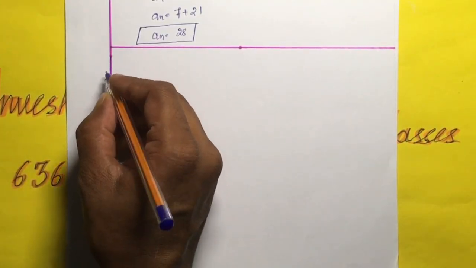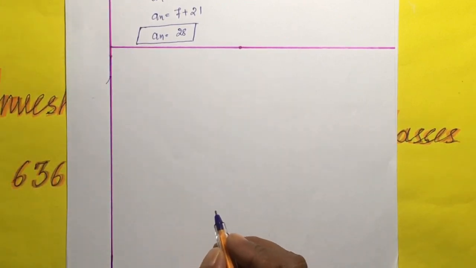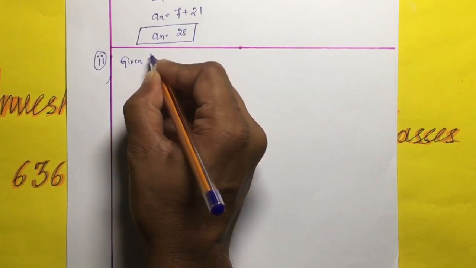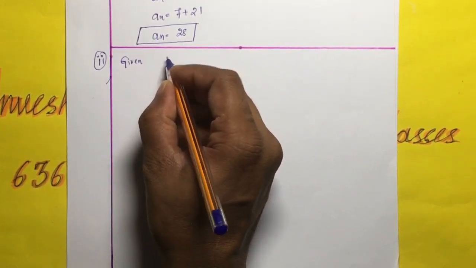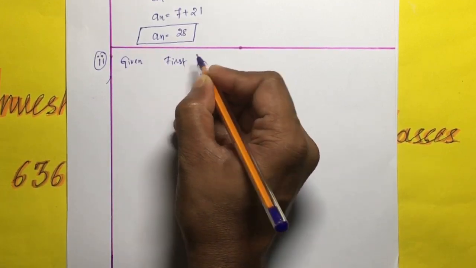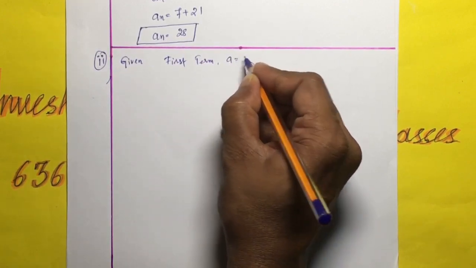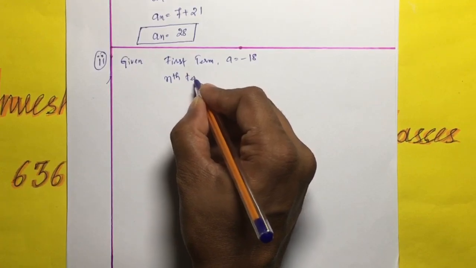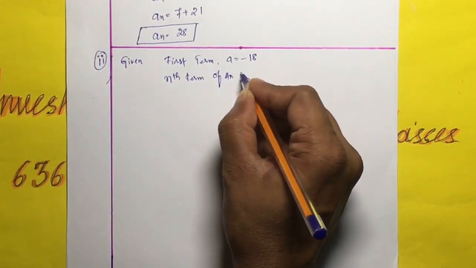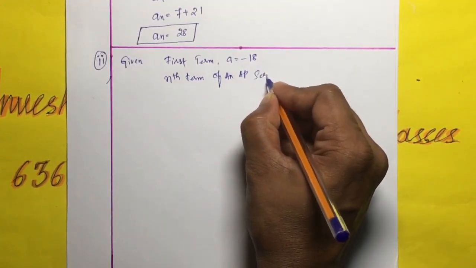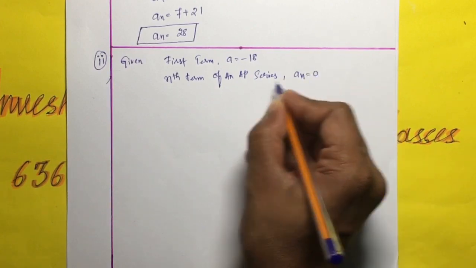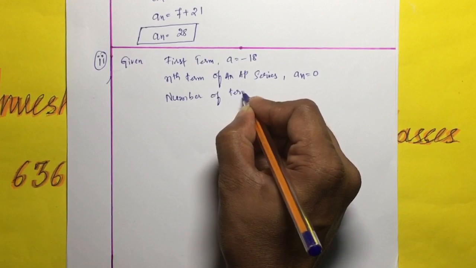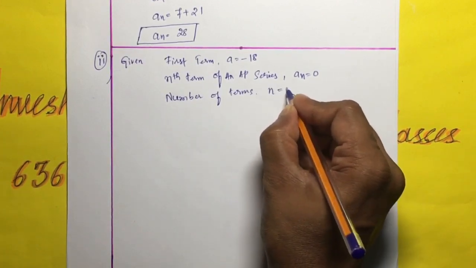So second problem, the given first term a is minus 18, the nth term of an AP series an is equal to 0, the number of terms n is equal to 10.